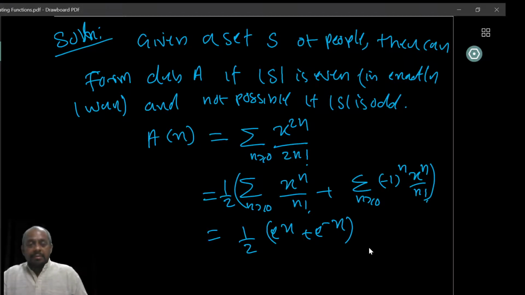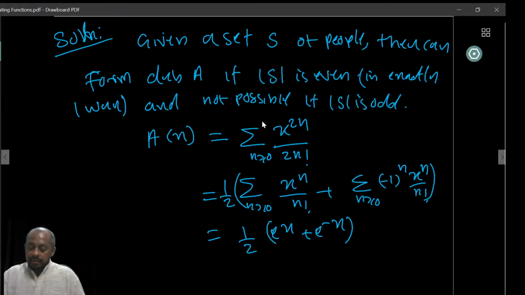So there is exactly one way. And if there is an odd number of people, we cannot form a club with those people. So what is the generating function for A, which is A of x equals the summation over n greater than or equal to 0 of x raised to 2n over (2n) factorial, because odd numbers are not allowed.